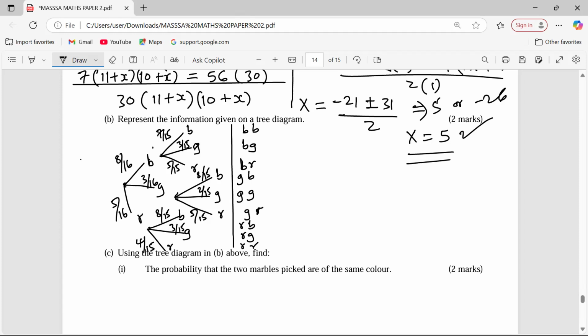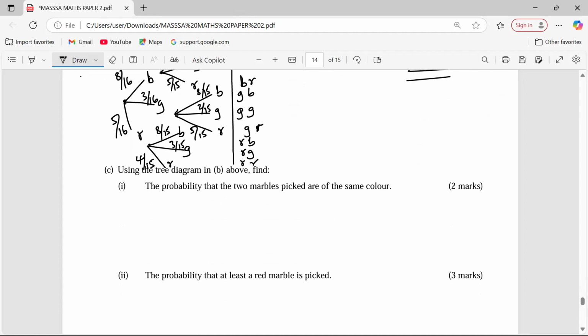We can proceed now with the questions, whereby we are told, using the tree diagram in B above, find part 1, the probability that 2 marbles picked are of the same color. So we need probability blue, blue, or probability green, green, or probability red, red. Blue, blue is already given as 7 over 30, and or means addition.